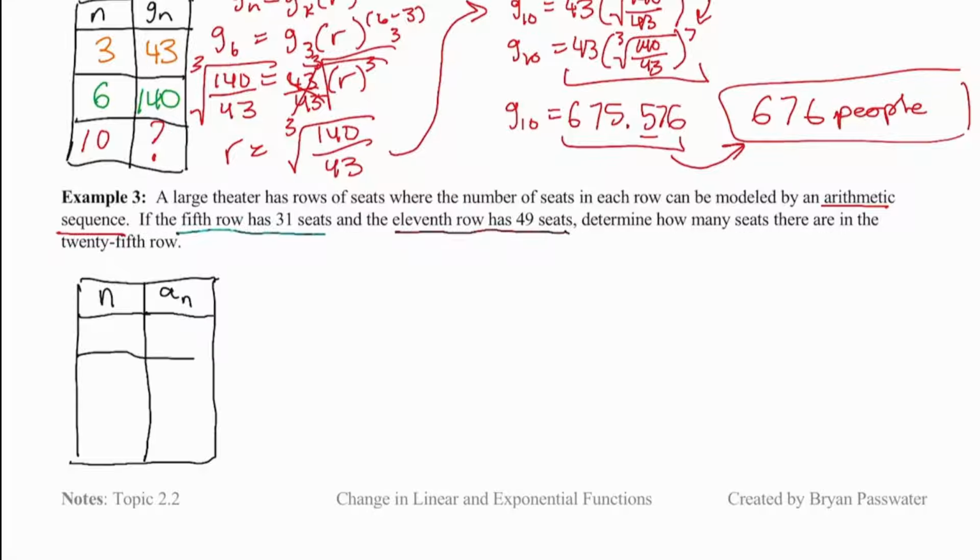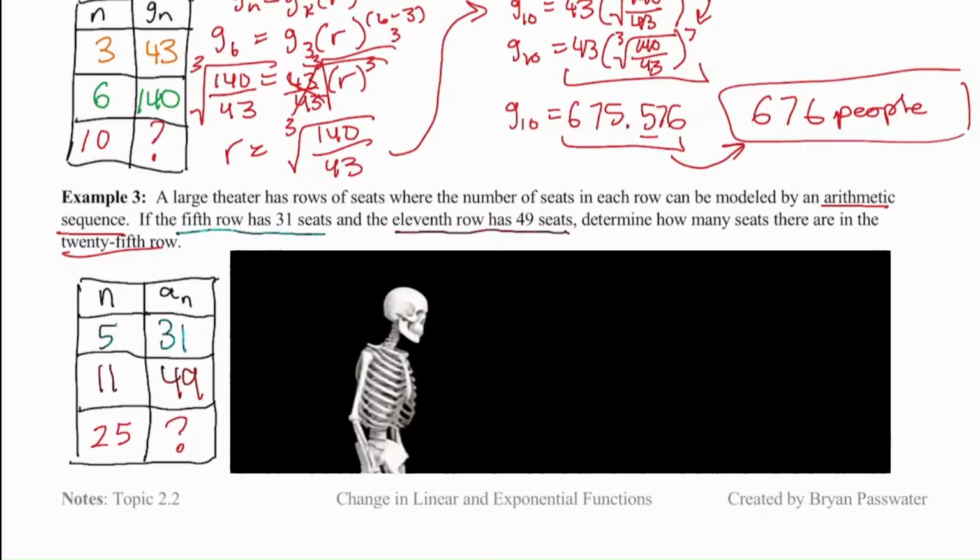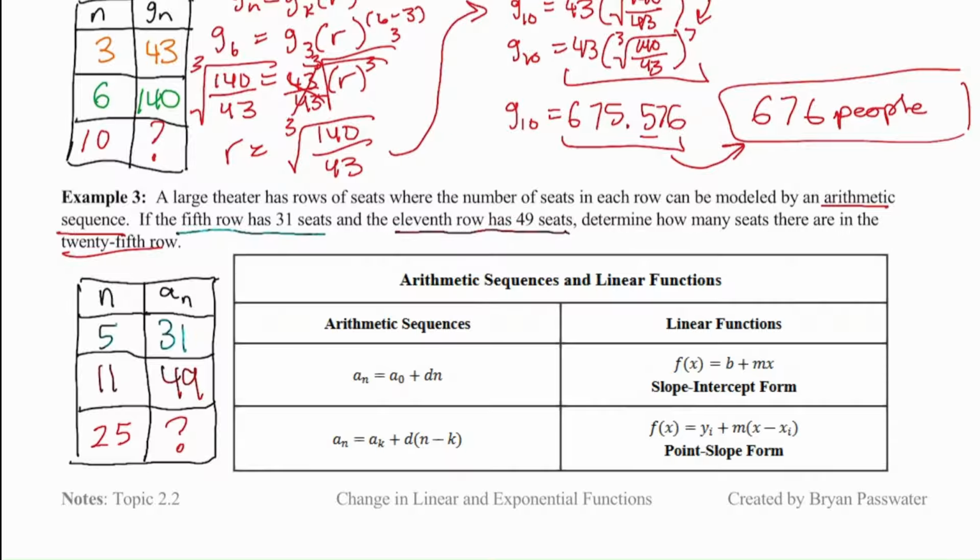So the 3 points. First one is the 5th row is 31. And then the 25th row, which is what we're trying to solve for. So question mark it or put a variable. So this is an arithmetic sequence, so we're going to be using one of the arithmetic equations, but we're not going to be using the one with initial because we don't have initial, so we're going to be using the one that has AK.